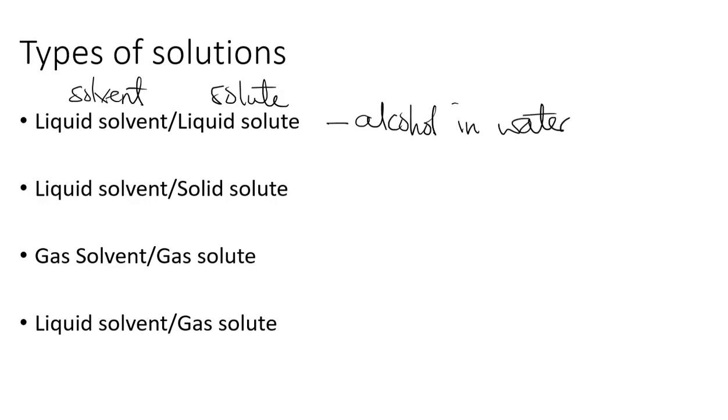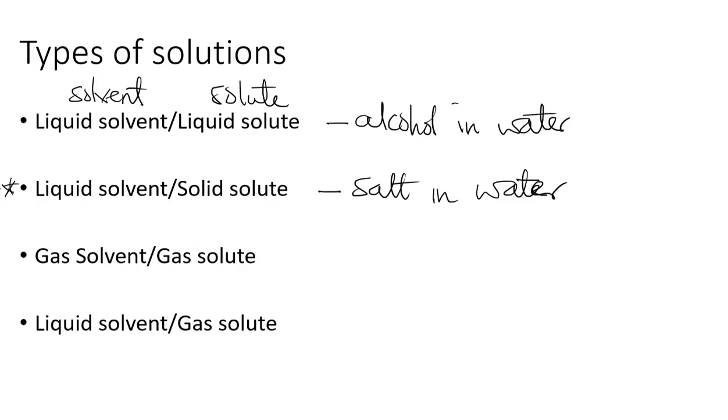You can dissolve alcohol in water, water being your solvent, alcohol being your solute. Then we have liquid solvent, solid solute. This one is salt in water. So salt is the solute and water is the solvent.